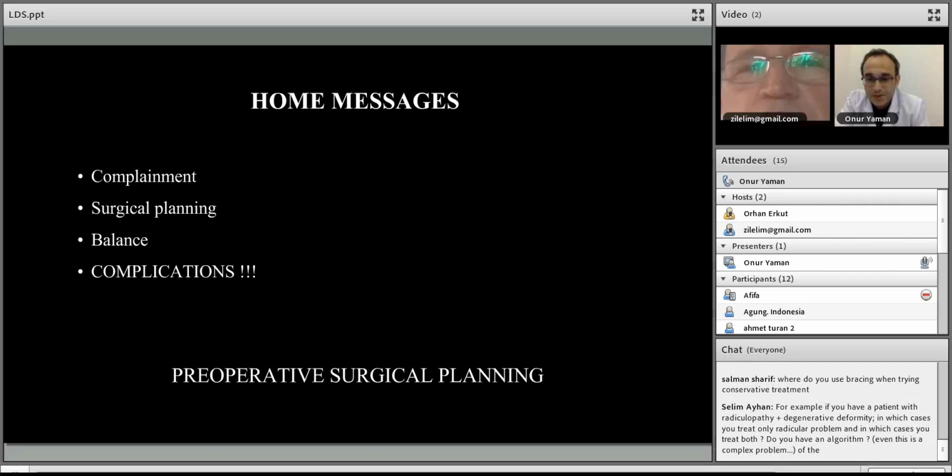But if a patient has had the symptoms for a long time, you have to decompress and also fuse those levels. As you told me about short fixation, do you use it?